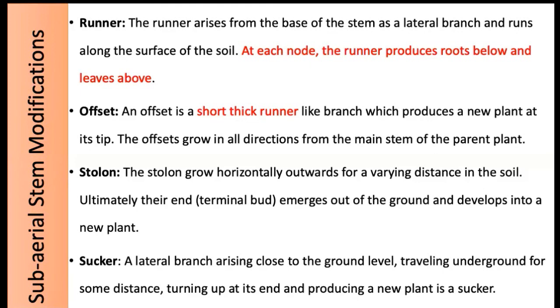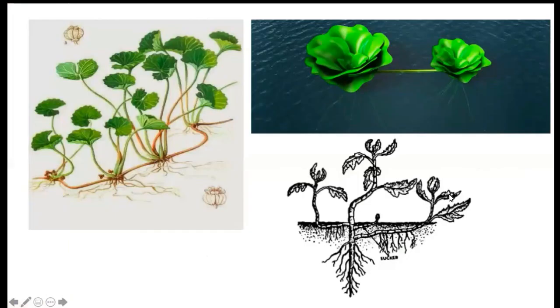And a sucker is something like a stolon, but the difference is that a sucker goes through the ground and the tip arises just like a different plant from a bit of a distance. But if you check the ground, you will find that there is a connection between the new plant and the old plant. It will be easier if you see some pictures.